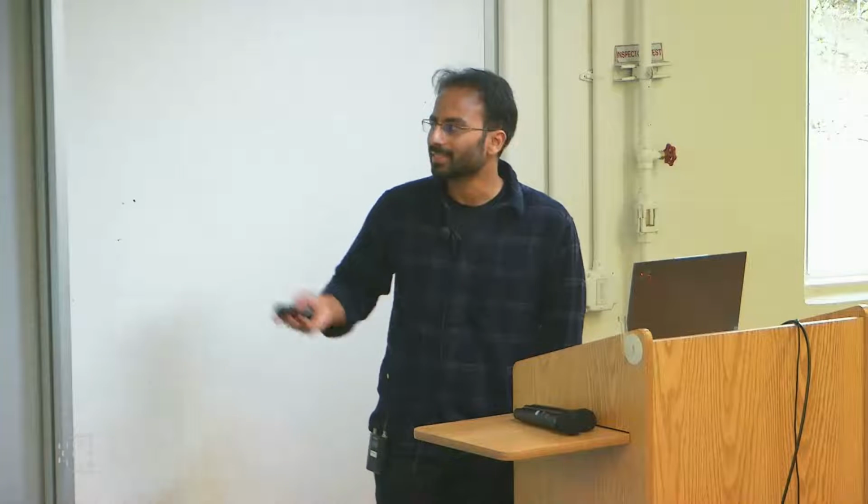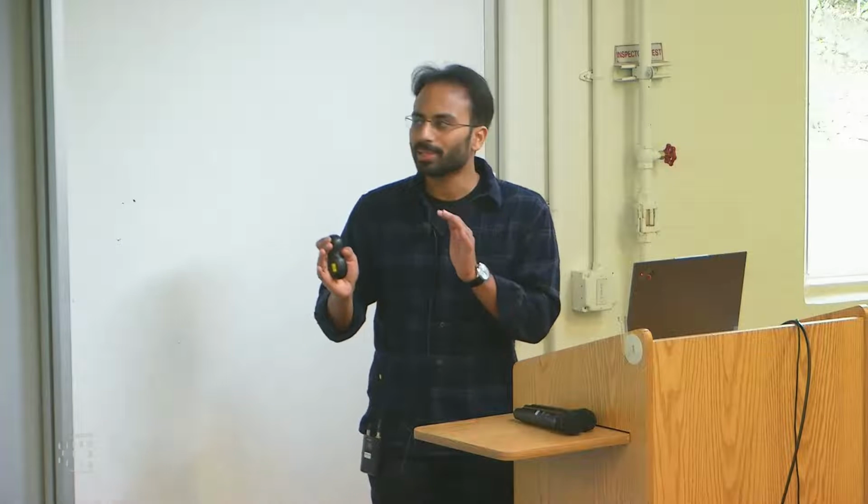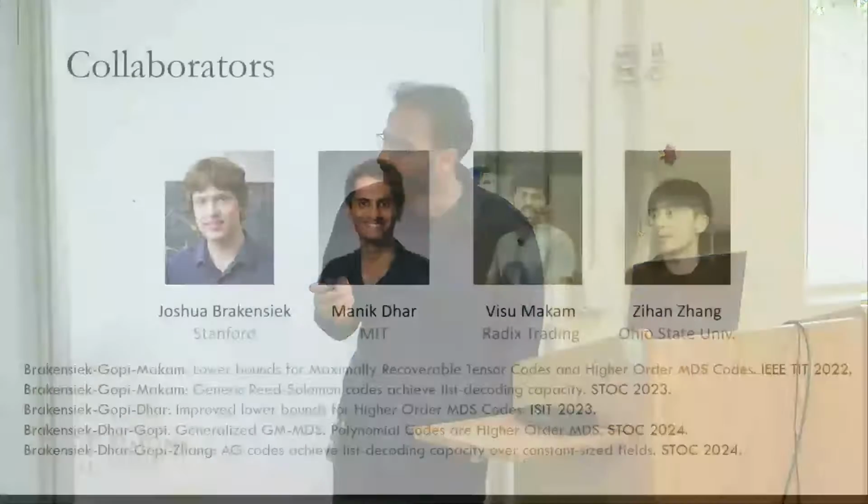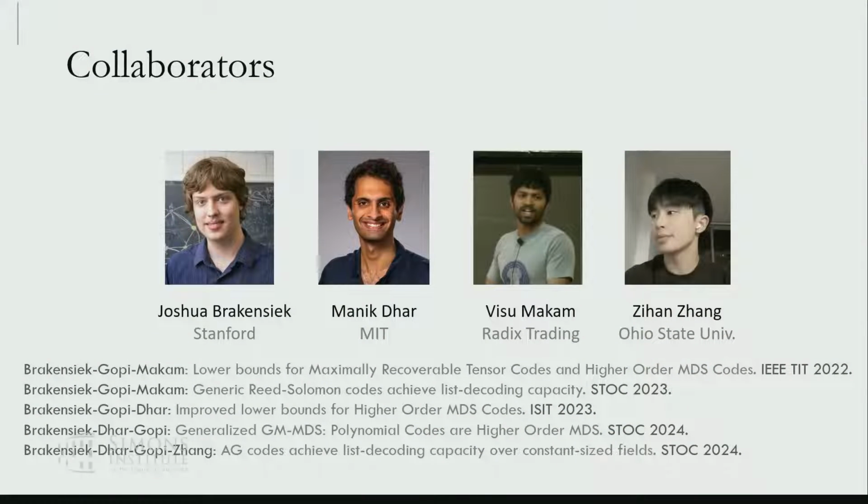So MDS are optimal for distance, but if you want some stronger optimality properties like list decoding, or we will see other notions, then it turns out all these different things are basically trying to find the same object, which is this higher order MDS code. So this is joint work with amazing collaborators, Josh, Manik, Visu, and Zihan, and it's based on a lot of works. So I'll try to say which result is from which paper, but may not always be correct.